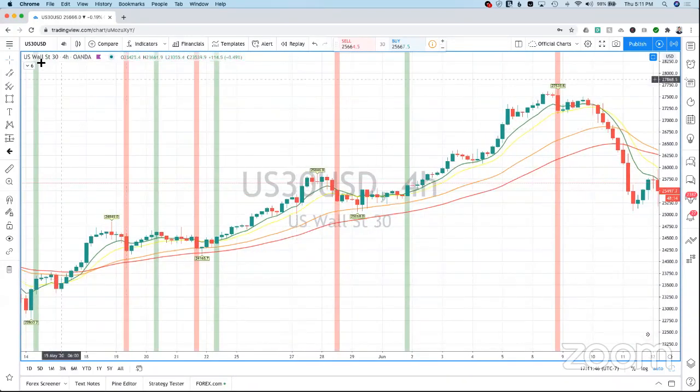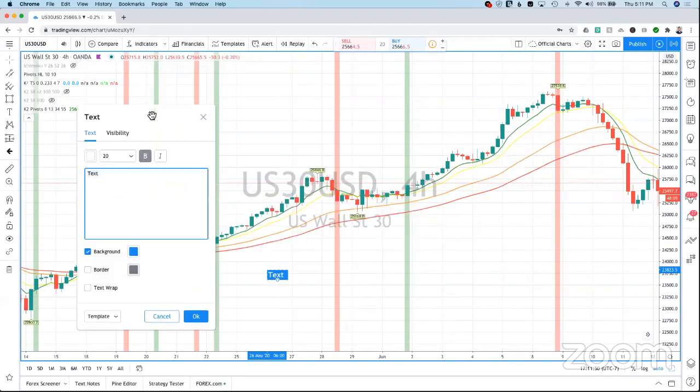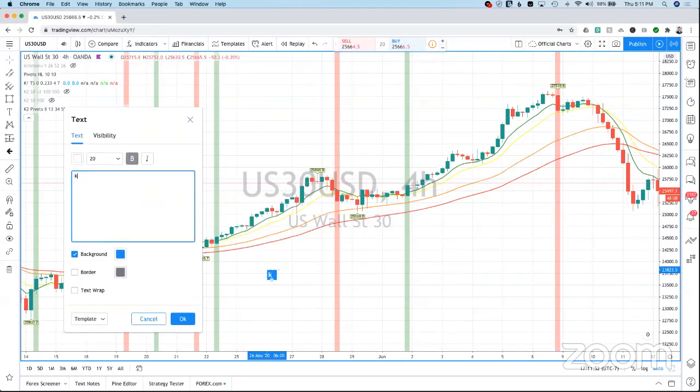And as I mentioned earlier, I'll just type it up here so you can remember. K2 pivot levels. Level 1 is going to be green. They're going to be leveled by degrees.